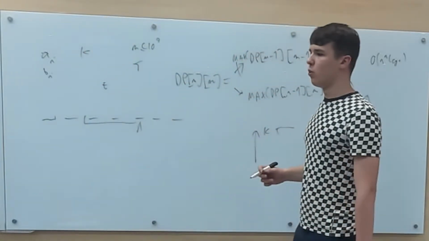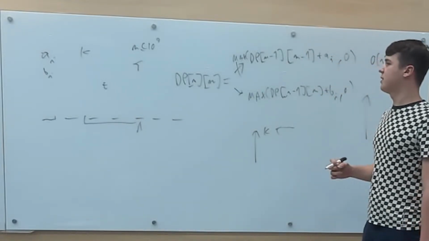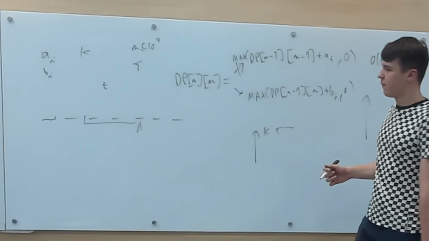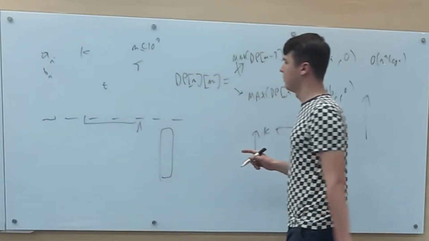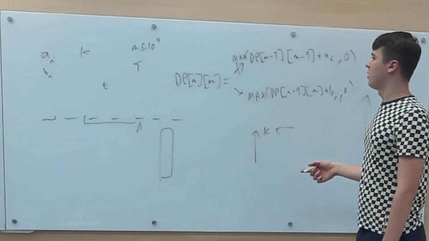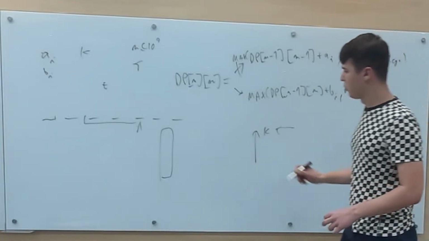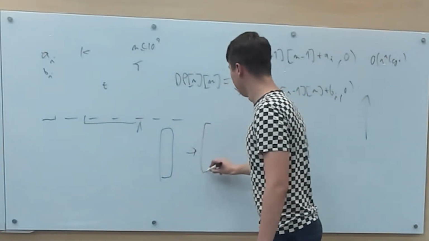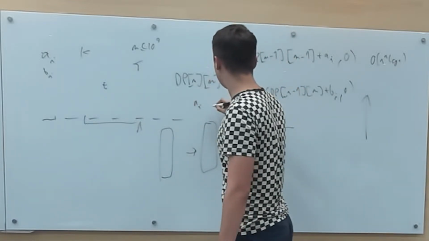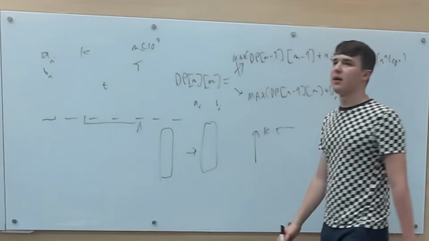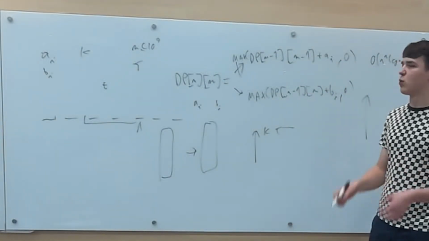Now the insertion, from the previous description to the next description of our column, is when we can pick element ai with size 0 or element bi with size 1.